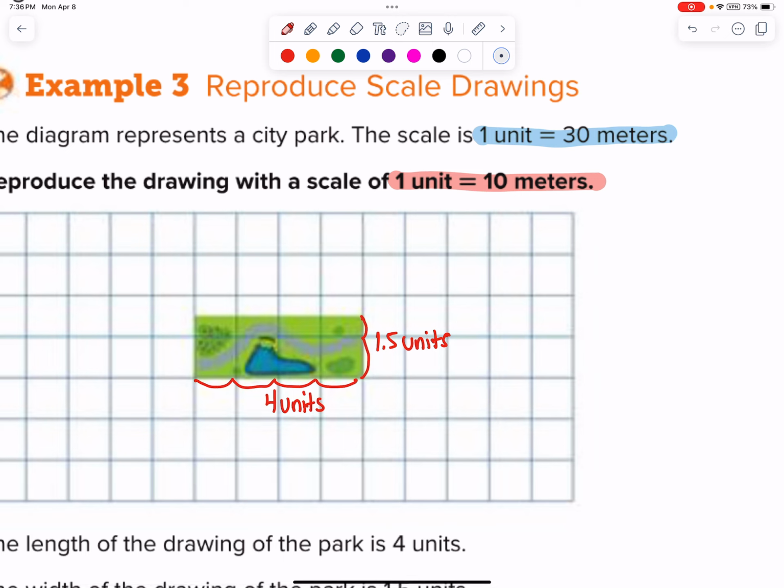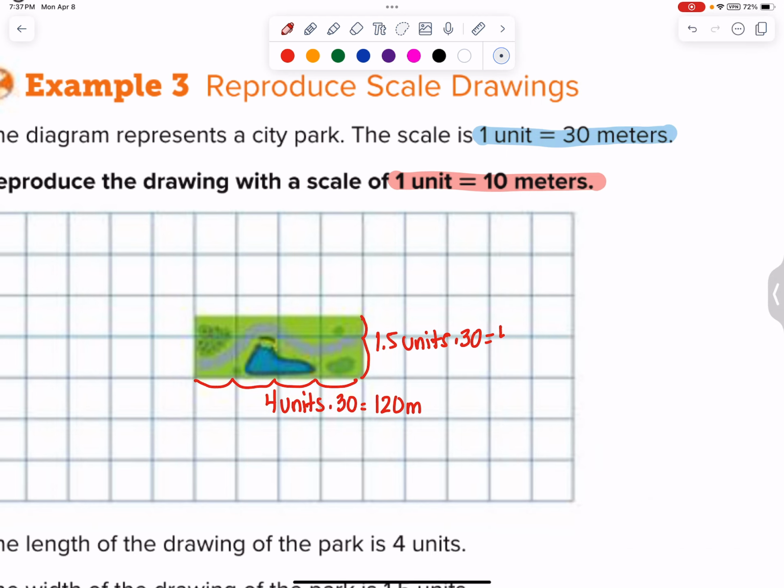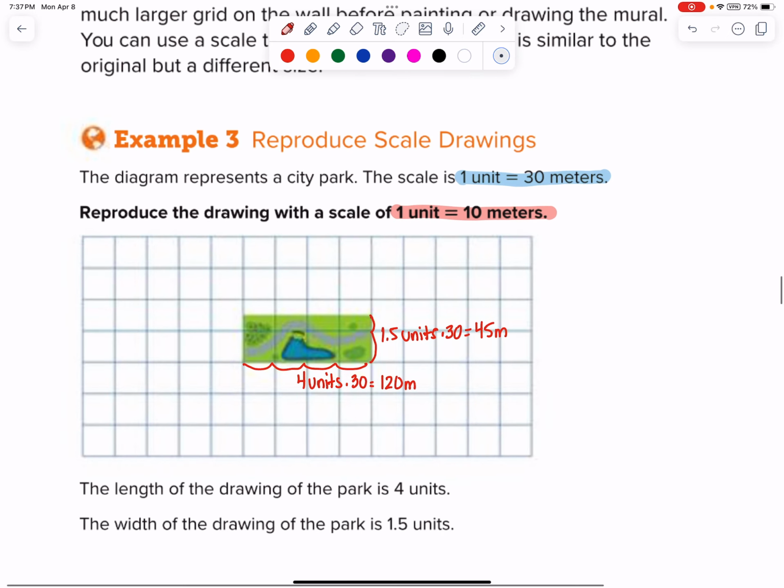So you could set up a proportion, or we know that if every unit is 30 meters, that's multiplication. We could just say times 30 and times 30, and we can find out how many meters this is. So 30 times 4 is 120 meters. And then 30 times 1.5 is 45 meters.